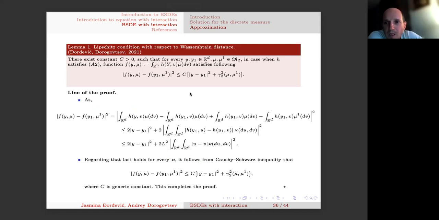I have one more question. If you consider a usual stochastic differential equation with interaction, then as a function of a spatial parameter, this mapping is a diffeomorphism.